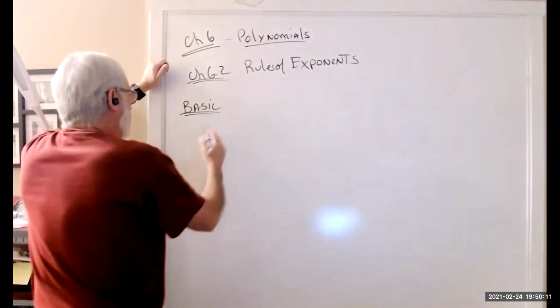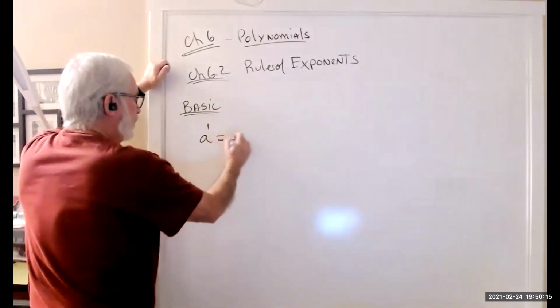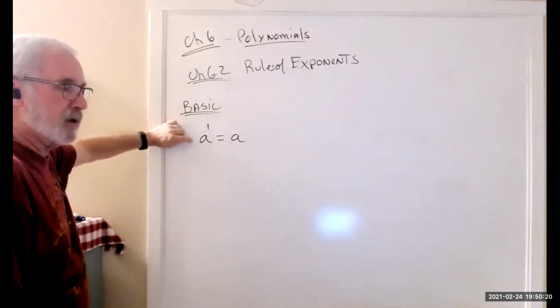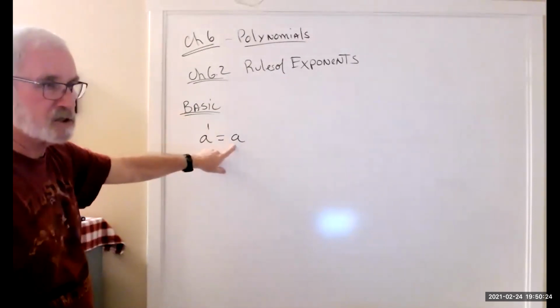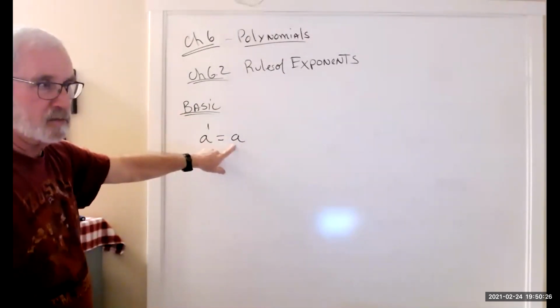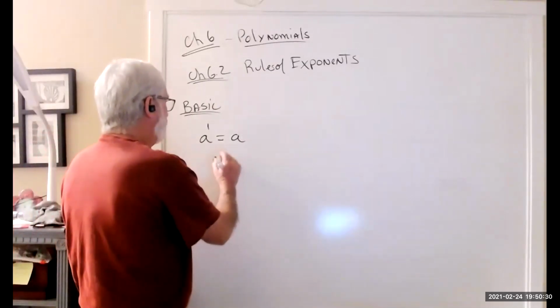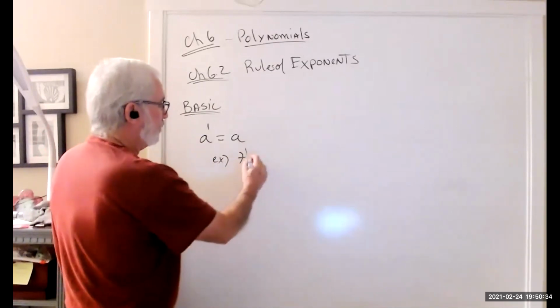Okay. Any number to the 1st power is itself. Any number, A, raised to the 1st power is always itself. Okay. So for example, if we have 7 to the 1st power, it's worth 7.